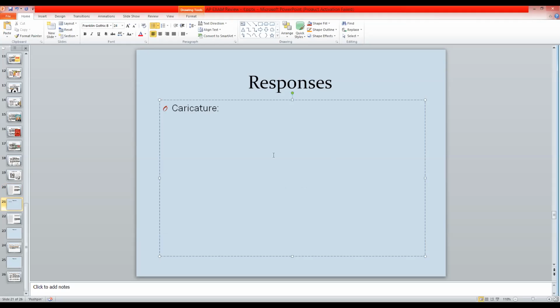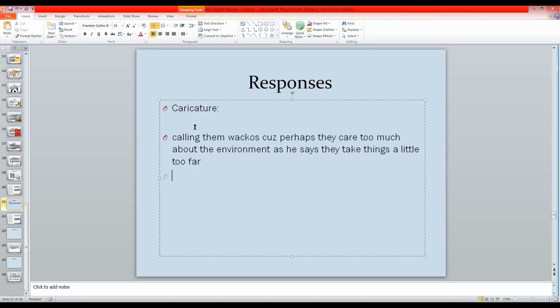So Zoran further elaborates with this one here. He says, calling them wackos because they probably care too much about the environment. As he says, they take things a little bit too far. And you're absolutely right. It seems to be insults and whatever. So if that's the case, then what sort of devices can we throw for this particular observation?